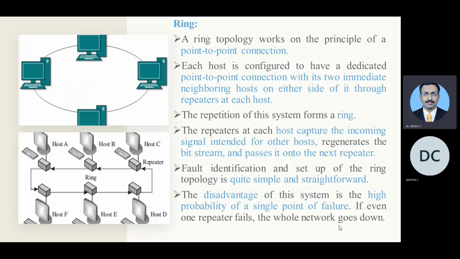The disadvantage is the high probability of a single point failure, and if one repeater fails, the whole network goes down. So you cannot have continuity once the link fails. One point fails, the entire network goes down.